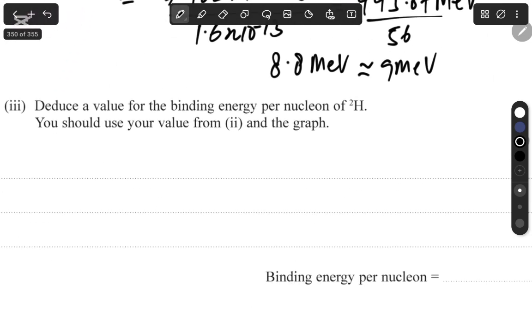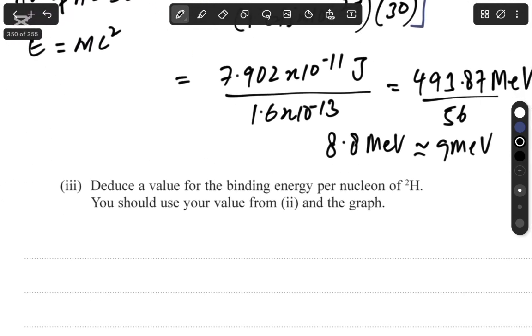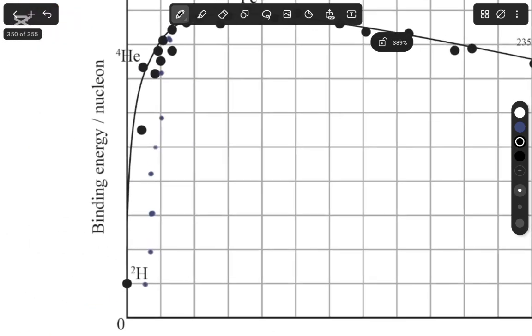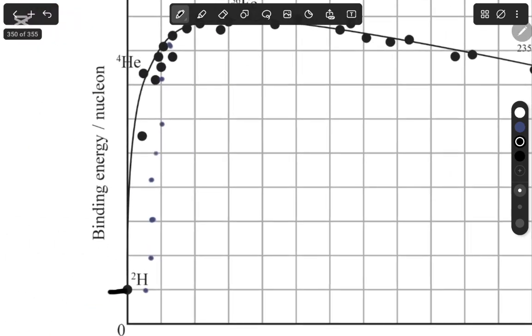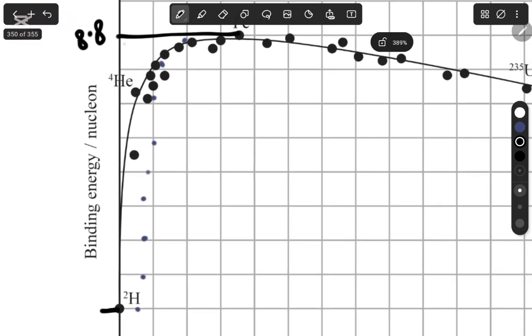Okay, next question. Deduce a value for the binding energy per nucleon of hydrogen-2 from your value. So we have to use the value above to get the value of hydrogen-2, which is right over here. It is 8.8, and then we have 1, 2, 3, 4, 5, 6, 7, 8, 9, so all the way 9 down.